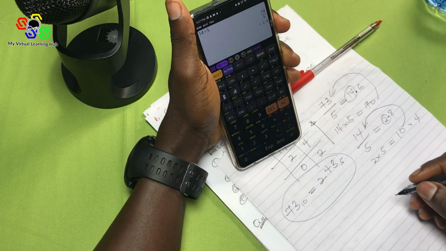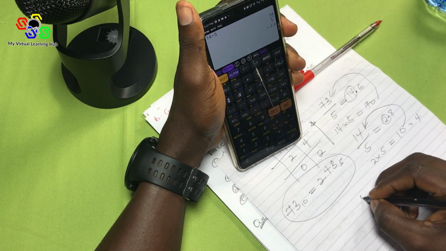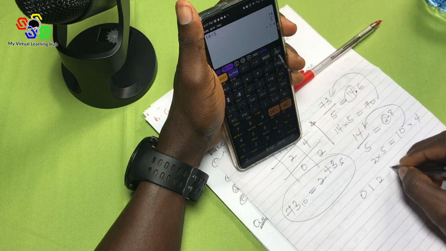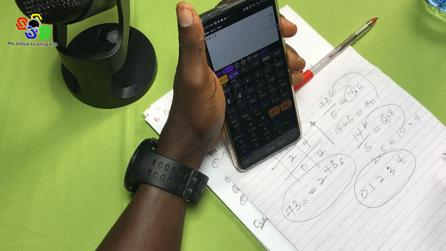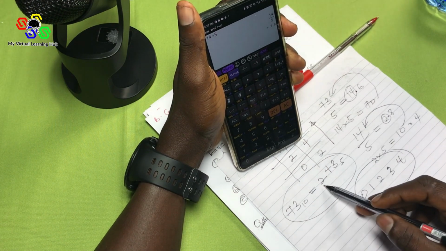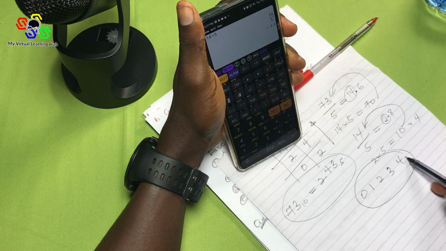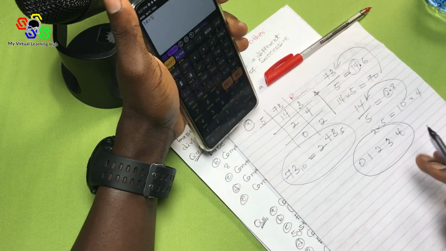Now, what we need to note is that in base 5, our answers must range from 0, 1, 2, 3, and 4. No number should be up to 5 within the answer. And as we can see, 2, 4, 3 is within these numbers, and so, indeed, our answer is correct.